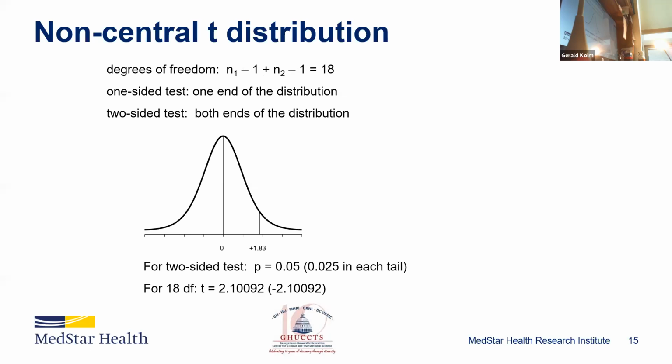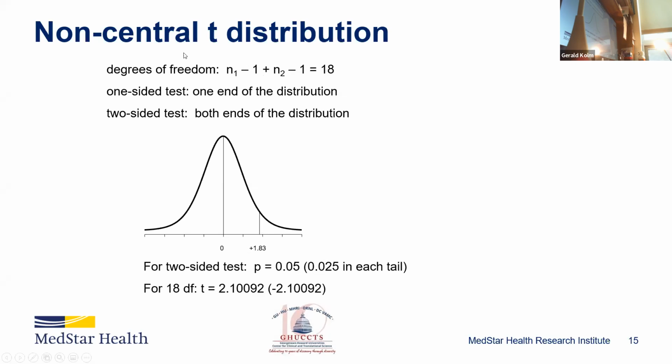If we're doing a two-sided test, then our p-value is 0.05, and we would need to compute the area in each tail of the distribution, or 0.05 in each tail.